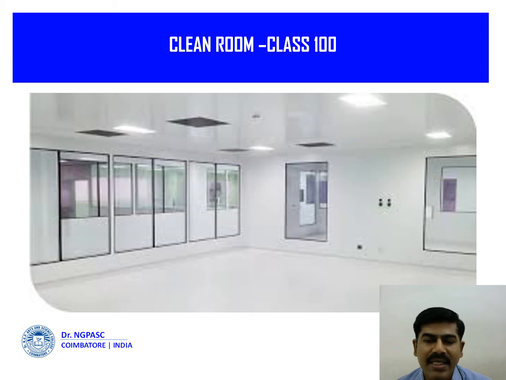Class 100 represents the sterile nature of the room. Class 100 means that the area should contain 100 particles per square meter. The ceiling, walls and other materials can generate particles that will settle down on the floor or be deposited on the wall.